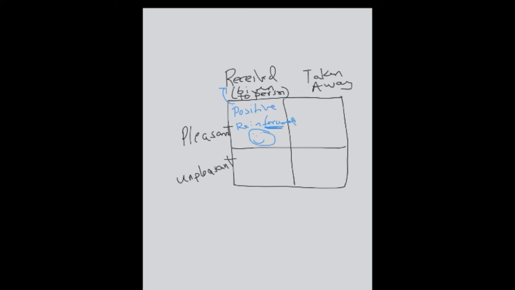So if we go over here to the right, where instead we can see that something is being taken away, we know that we're not going to use the word positive. So we designate the word positive to refer to cases where the person is receiving something, but we're going to use the word negative to indicate that something's being taken away from the person. Now in this case, if something that's being taken away from us is pleasant, we don't like that.